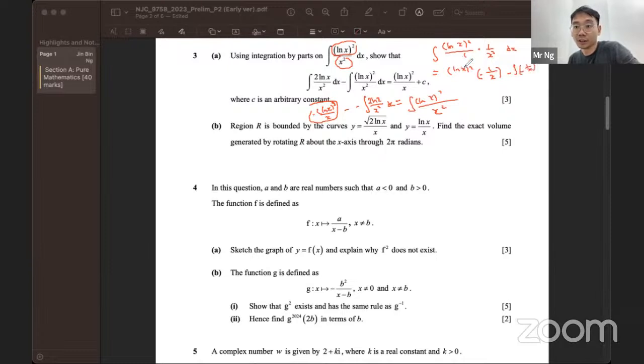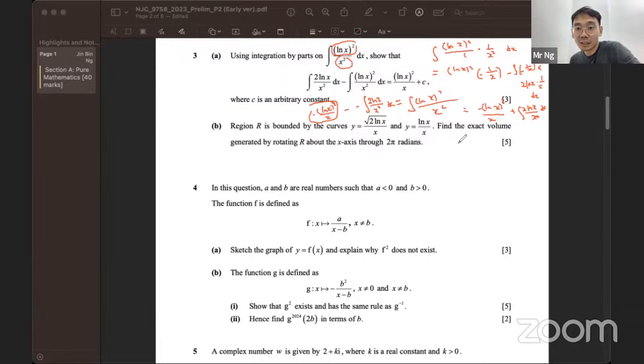After that, differentiate this. Then after that, you just bring them all around, and you'll get the answer.